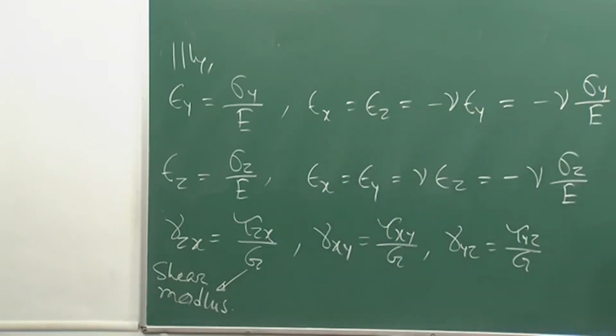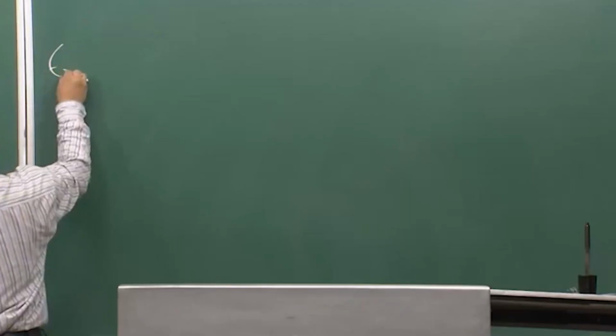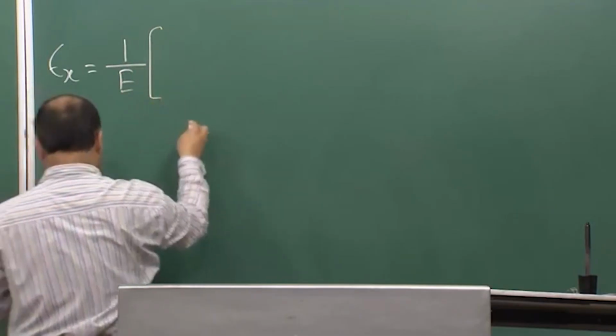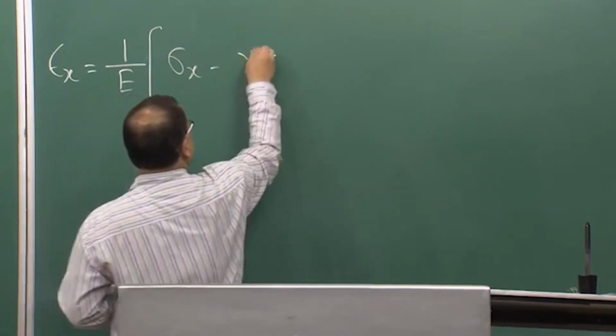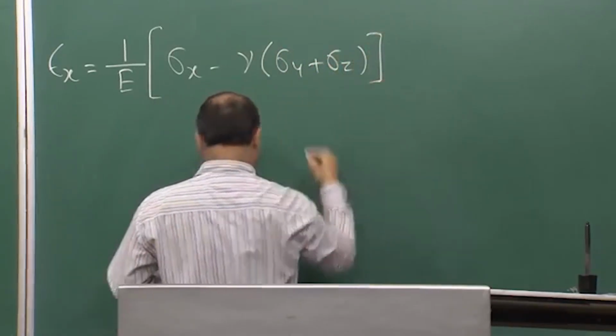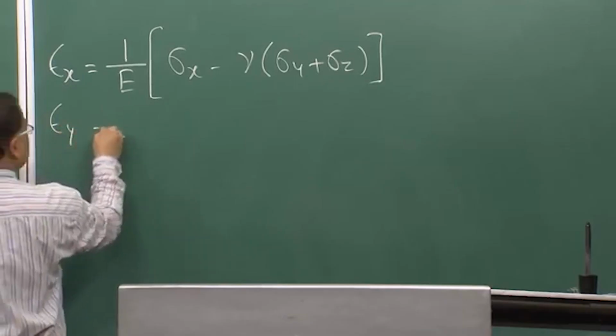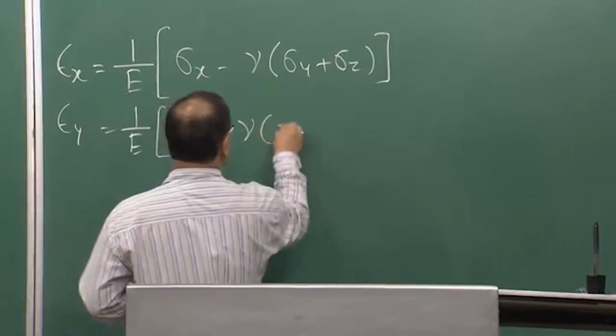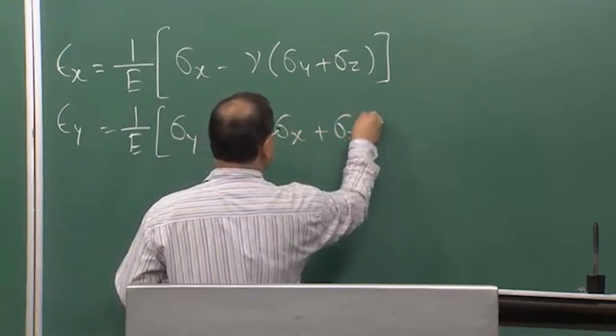Now, if you write down all the strain components, the relation between strain and stress, they will look like this. Epsilon x is given by 1 by E sigma x minus nu into sigma y plus sigma z. Epsilon y is equal to 1 by E sigma y minus nu into sigma x plus sigma z.